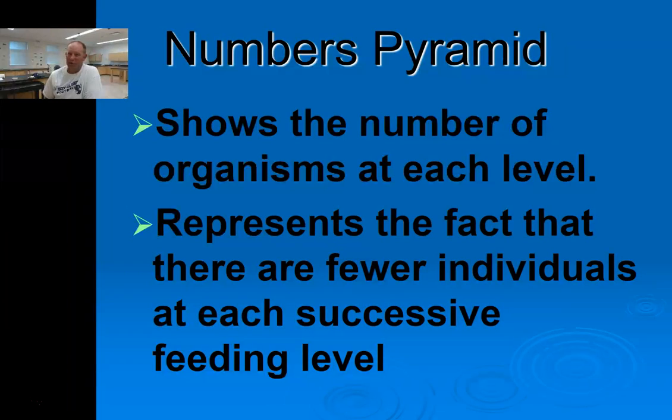Just looking at sheer numbers, the algae outnumber humans billions and billions to 1. What it states is that there are fewer individuals at each successive feeding level. If there were as many humans on the planet as algae, those algae would never be able to supply enough energy for us because we're so much bigger.